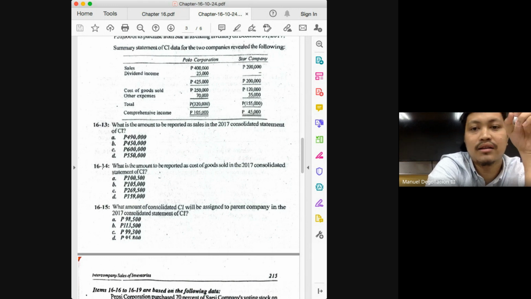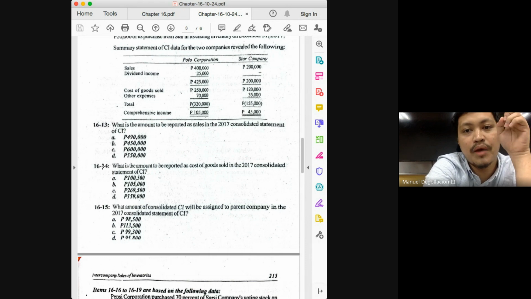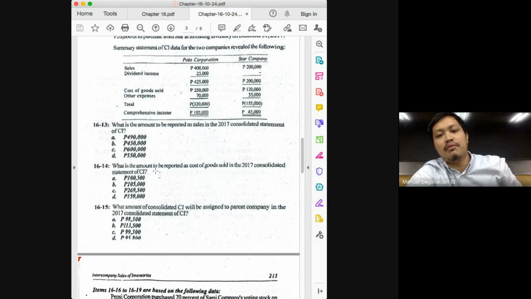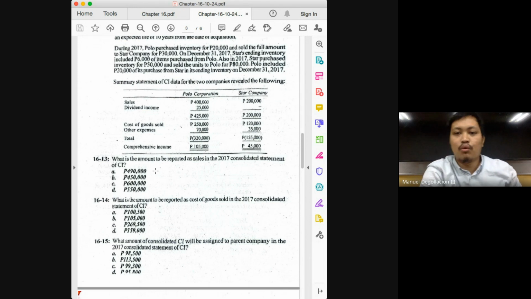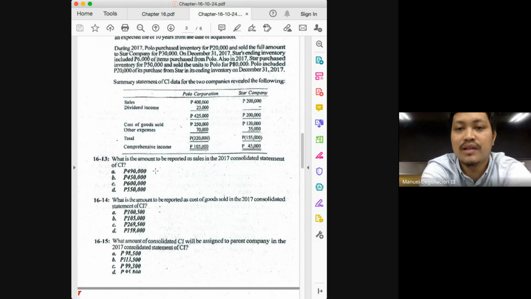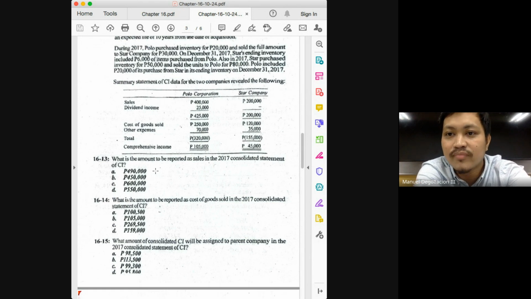Okay? But the income of the parent in this problem will have an adjustment. Why? Because we have a downstream transaction. What would be the source of the adjustment, class? Just the markup on ending inventory. Which one? Not the one in the hands of the parent, but the one in the hands of the subsidiary, because that is the inventory that came from the parent.